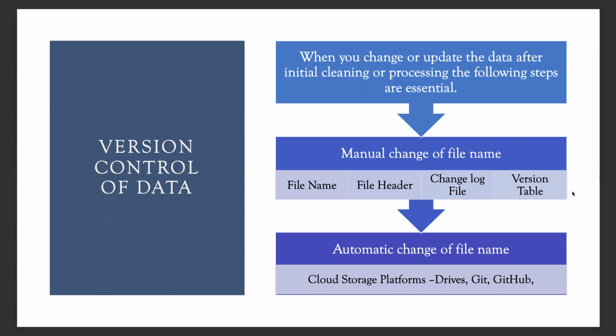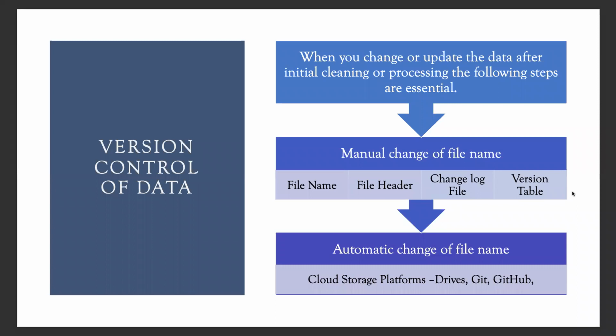There is another way of version control, which is an automatic way, and that is when you are changing something in GitHub or Git, you are actually creating an automatic version of another file.